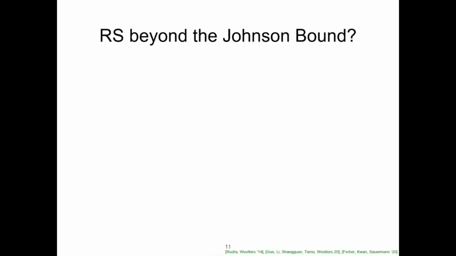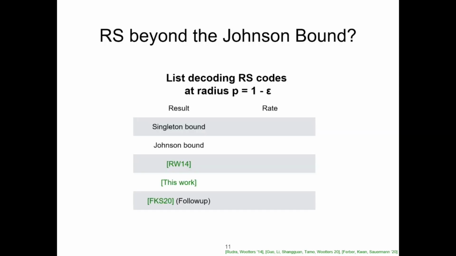Now I'm ready to state our main result and compare it with other results. Let's define epsilon to be 1 minus P. It's easier to state the results in terms of epsilon instead of P. The list decoding capacity, or the Singleton bound, states that the rate R is at most epsilon. On the other hand, the Johnson bound states that we can choose R to be at least epsilon squared.